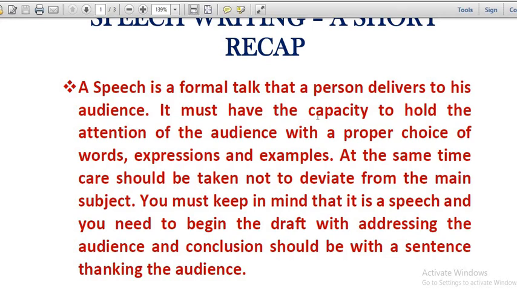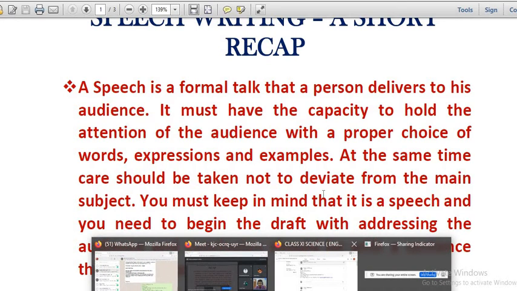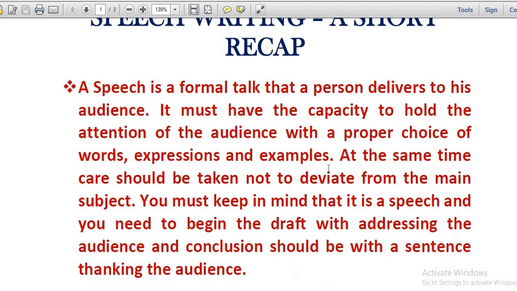It must have the capacity to hold the attention of the audience with a proper choice of words, expressions and examples. It has to be delivered in a very professional manner, and very tactfully.